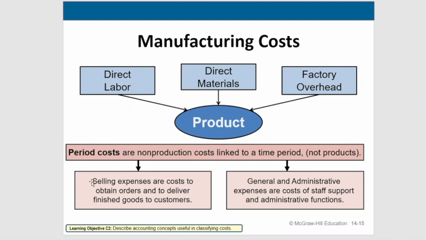The other things like selling expenses and general and administrative expenses of running the company as a whole, those are called period costs, and we do not include those in any of this blue stuff you see. The period costs are on the income statement. We will show them, of course, but we're not going to include them in the cost to make the product.